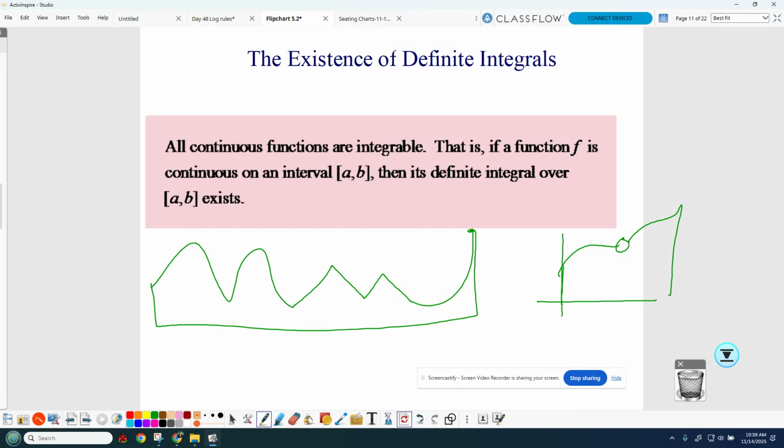Even if it's discontinuous, we might still be able to integrate. We can't integrate over all discontinuities, but we can over some. Not infinite, but jumps we can do as well. So if it's continuous, we can integrate it.